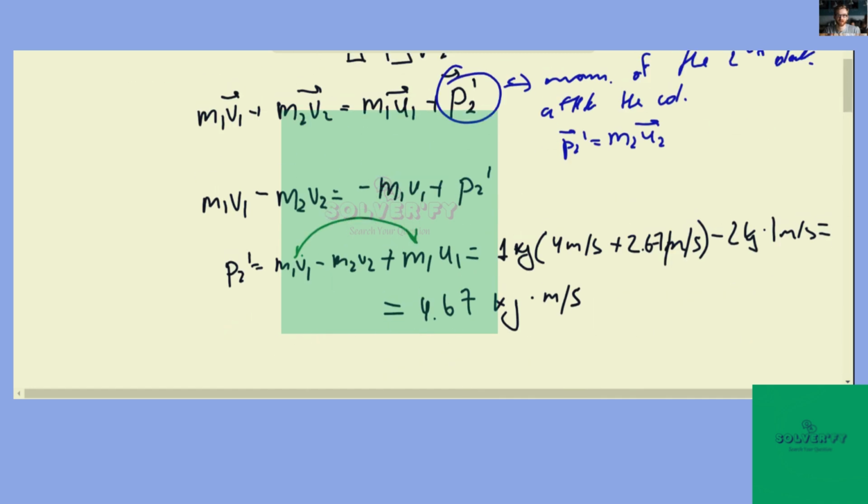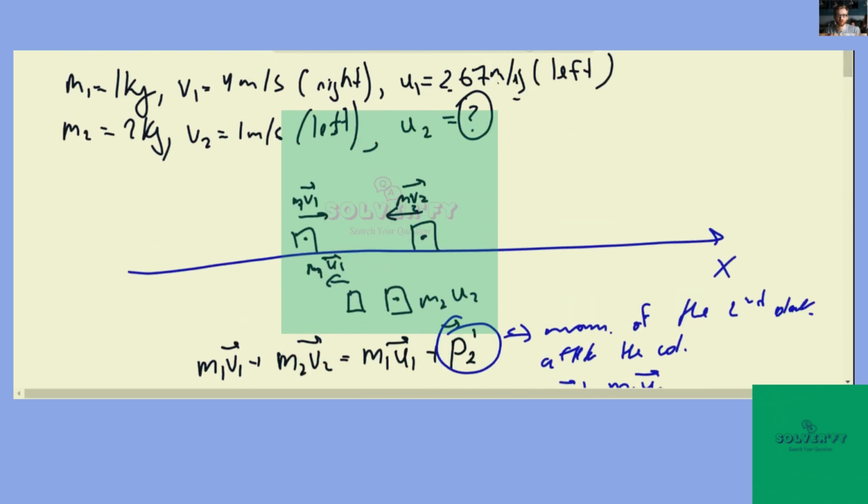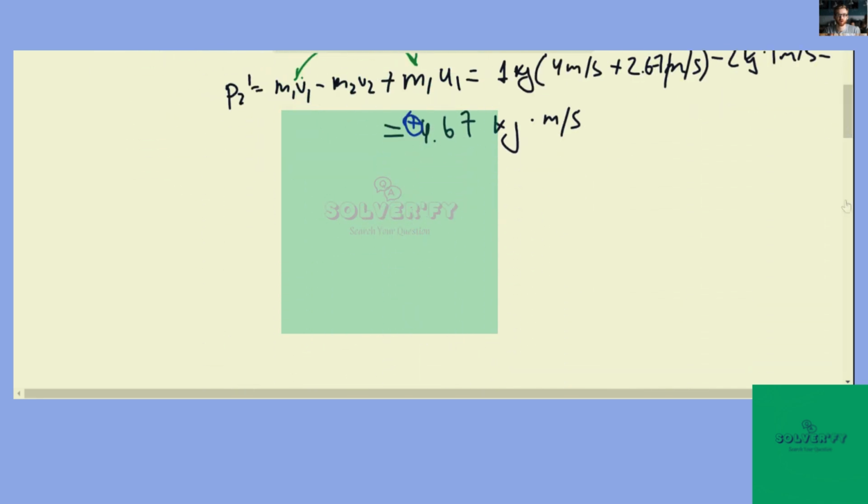So this sign is positive. It means that p2 prime will be directed to the right. Then u2 equals p2 prime over m2, which is 4.67 kilogram meters per second divided by the mass of this block, which is 2 kilograms.